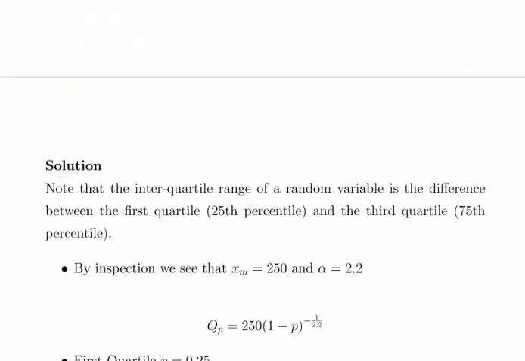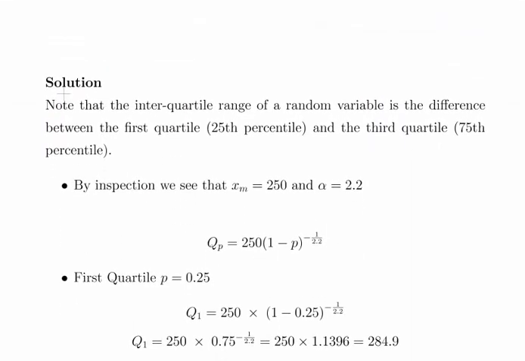Okay, so we're asked to calculate the interquartile range, and that is the difference between the third quartile, the 75th percentile, and the first quartile, which is the 25th percentile. That's statistics 101, probably what you came across very early on in your statistical careers.